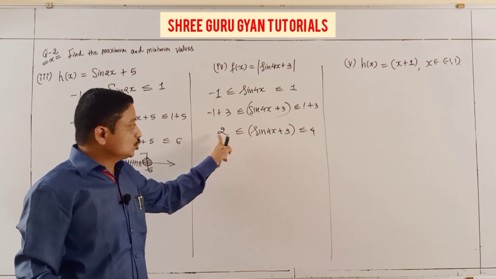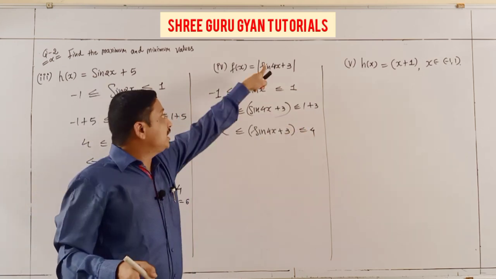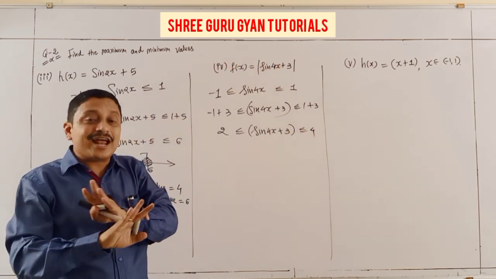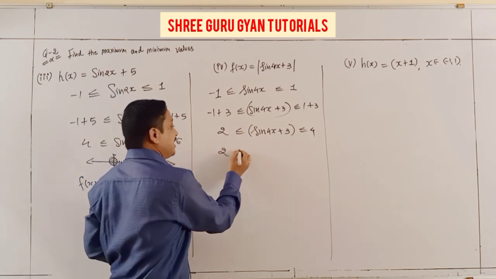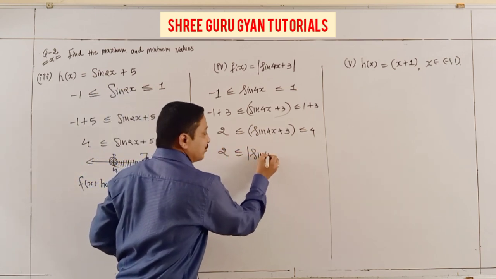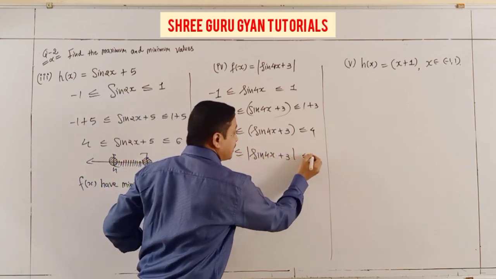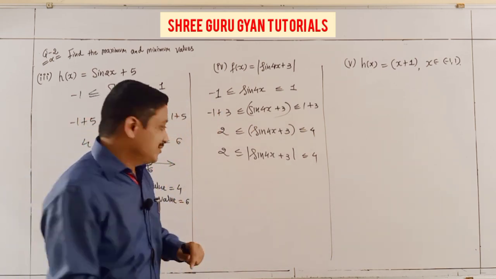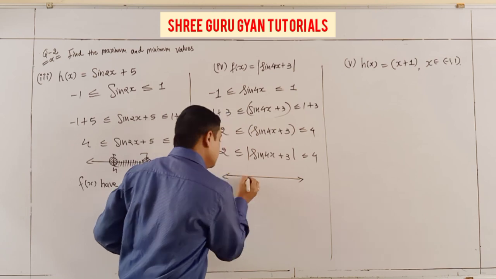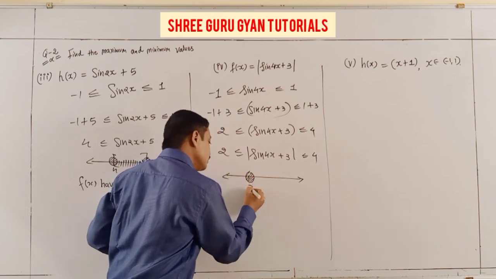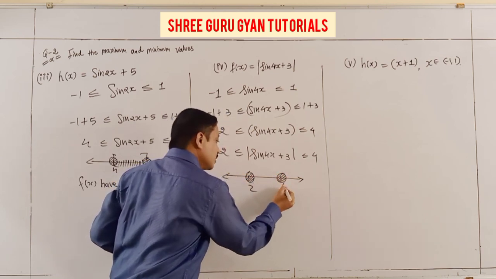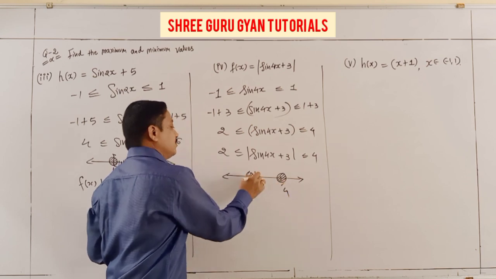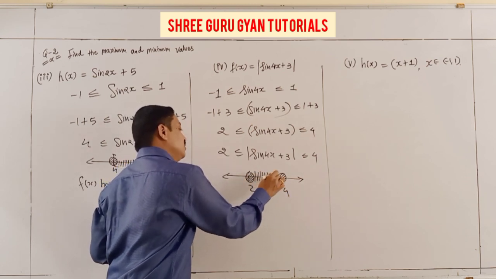Now 2 to 4, you take the number in the modulus. Nothing is changed. Your data is as it is, 2 to 4. If a negative number is present, then you convert it to positive. But it is already positive. So my answer is 2 to 4. All our values come between 2 and 4.